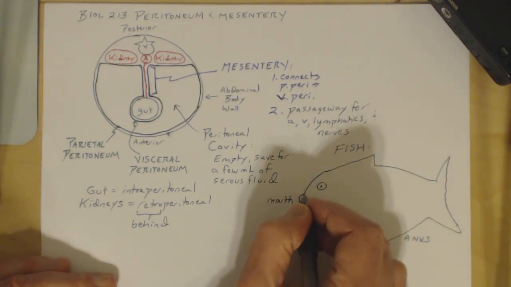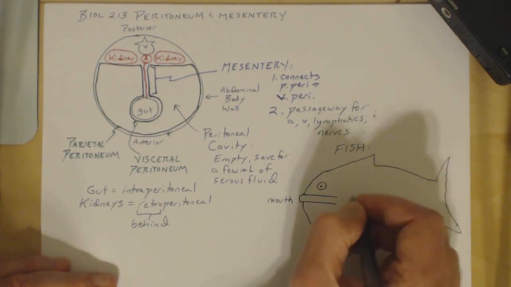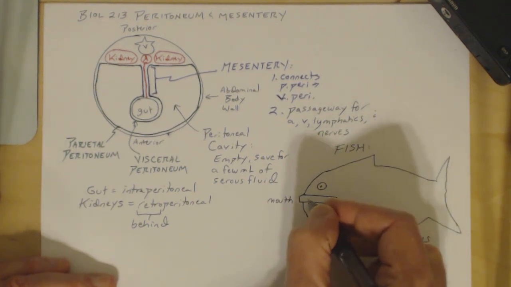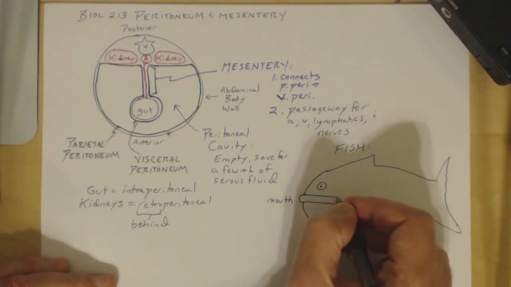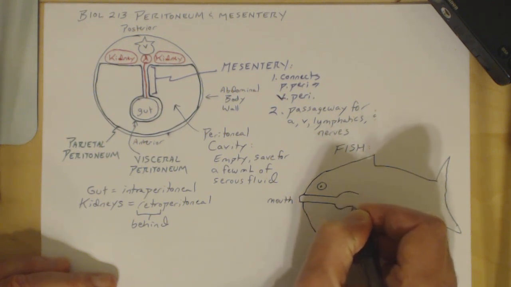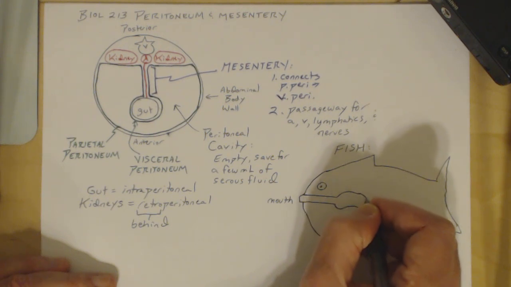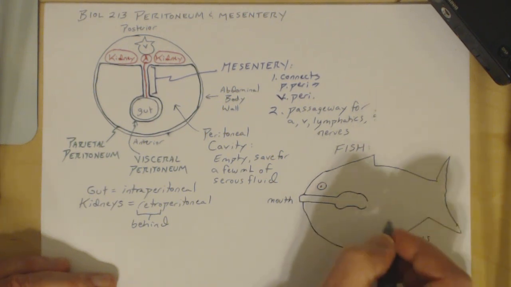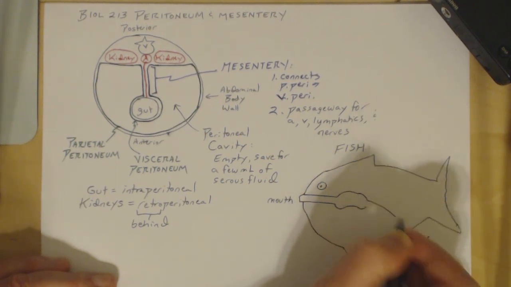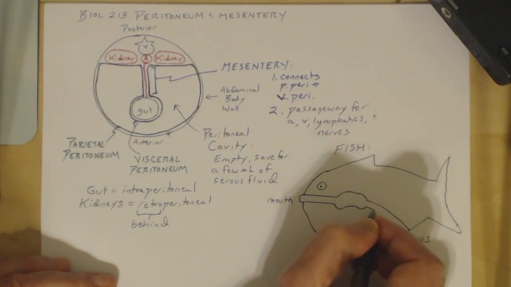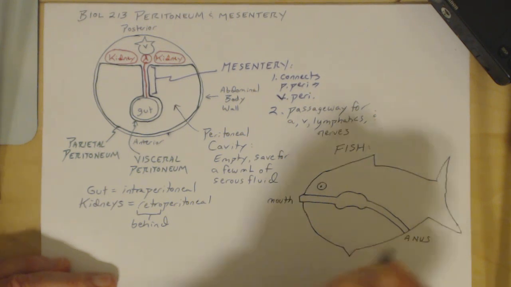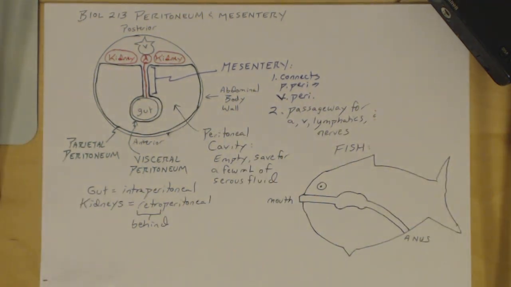And what we're going to do is draw the gut, a big tube that basically stretches from the mouth to the anus. So here is its mouth. Here is its esophagus. We'll draw a little bit of a stomach. And if you notice, I'm going to draw the stomach a little peculiarly. Maybe this is more anatomical foreshadowing. And then we'll draw the rest of the intestinal tract, something like that. Okay.